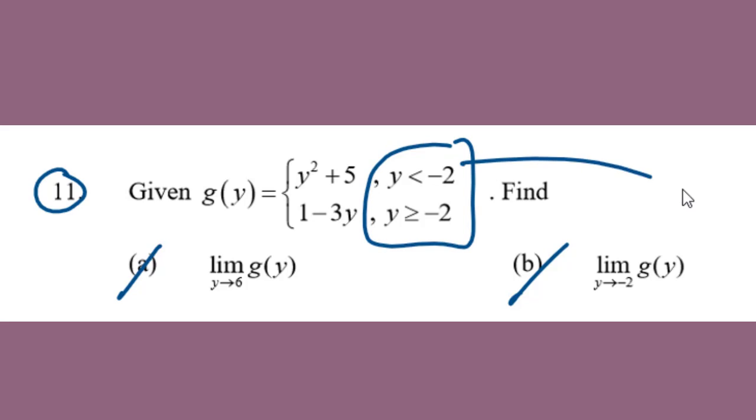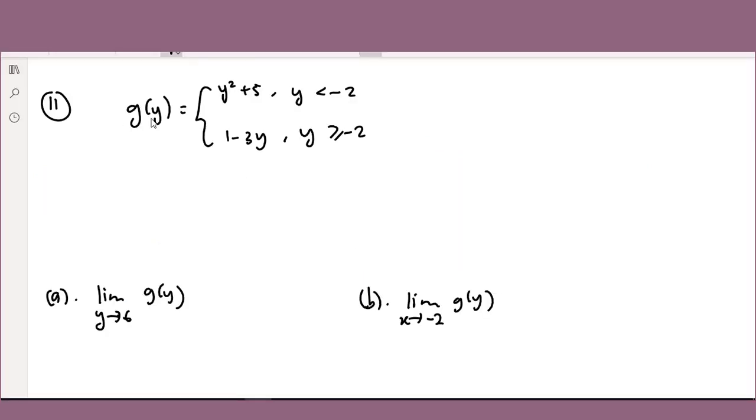So transfer this piecewise function to a number line. For number 11, this piecewise function changes to a number line, and this is considered the x value, domain variable y. So here is negative 2.